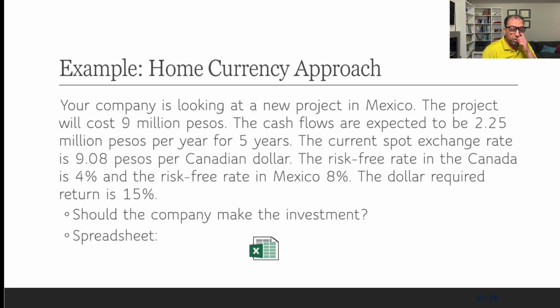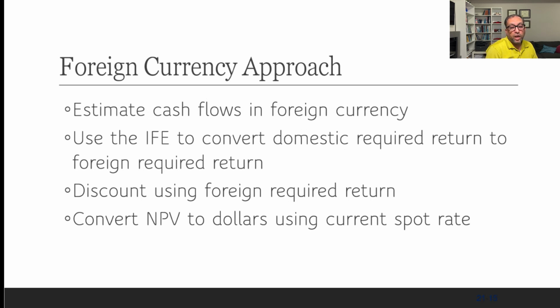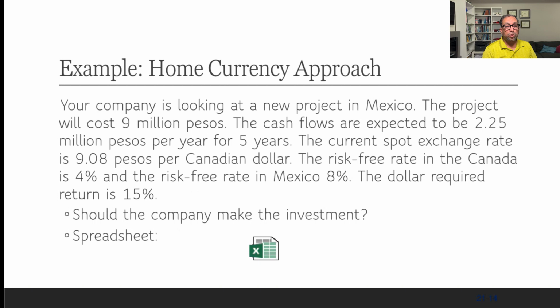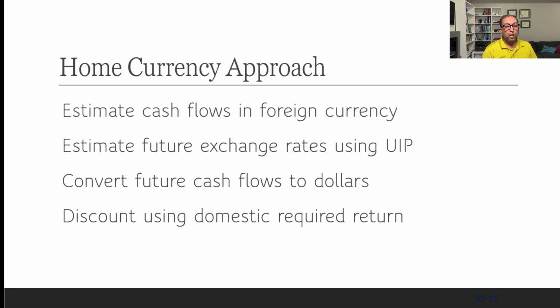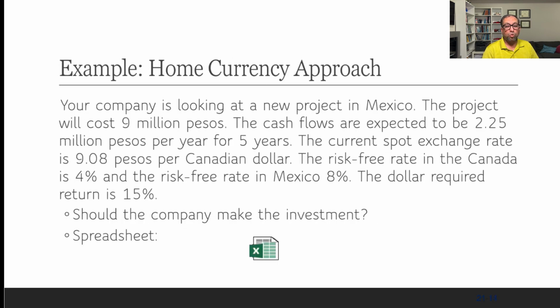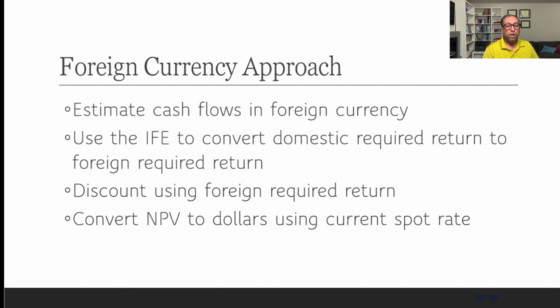In the foreign currency approach, we estimate cash flows in foreign currency, then use the IFE to convert the domestic required rate of return to the foreign required rate of return, and then discount using the foreign required rate. So the main difference is that in the home currency approach, we use cash flows in foreign currency, use future exchange rates to convert them into local currency, and use the local currency required return to calculate the net present value.